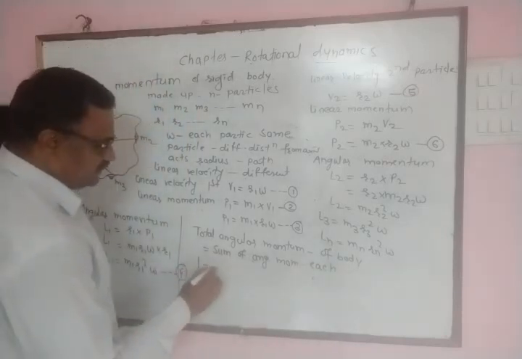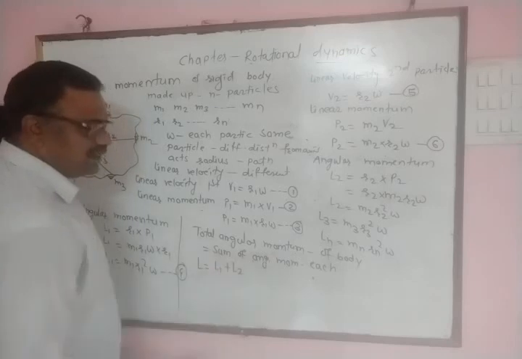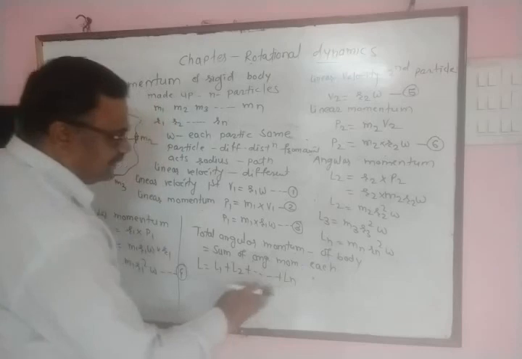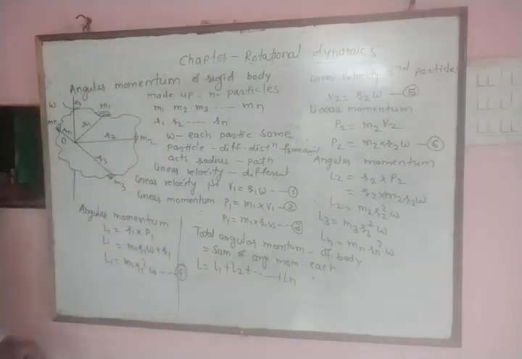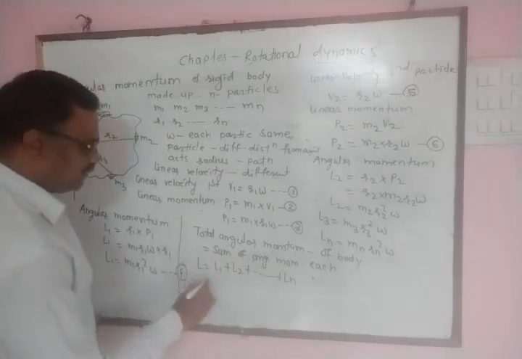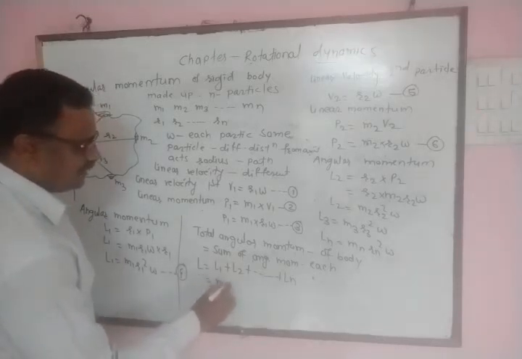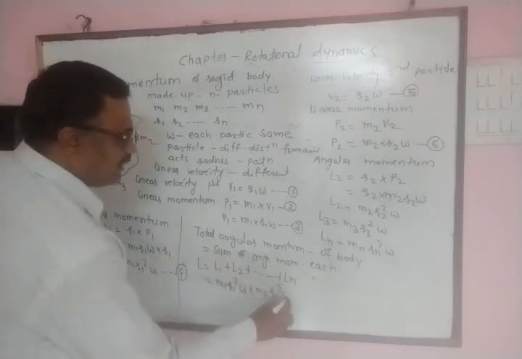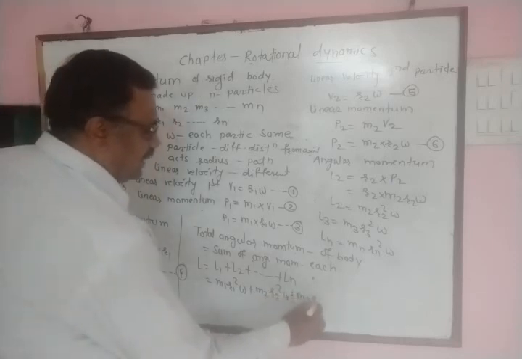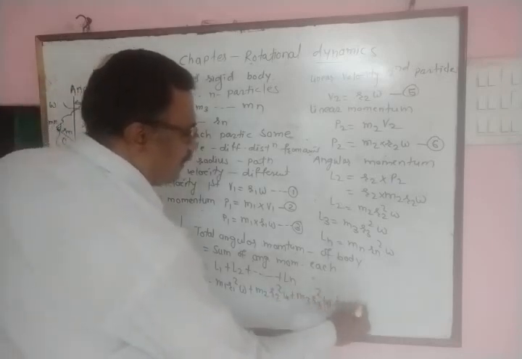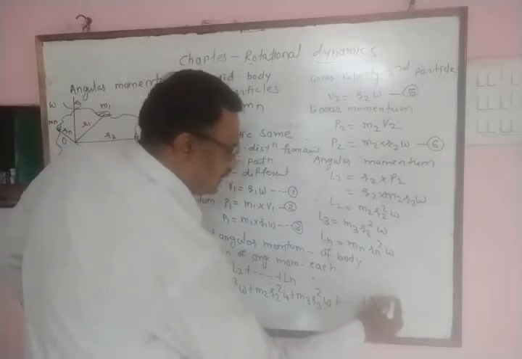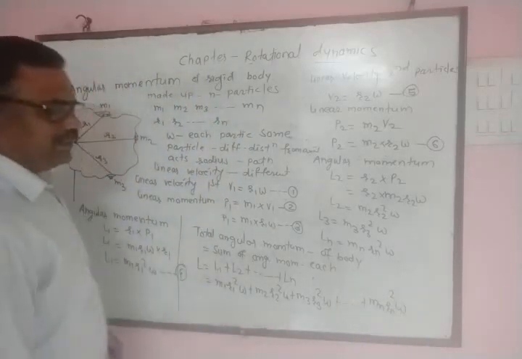That is, the angular momentum of the first particle plus that of the second particle, and so on up to the angular momentum of the n-th particle, represents the total angular momentum of the rigid body. Therefore M1 R1 square omega plus M2 R2 square omega plus M3 R3 square omega and so on represents the angular momentum of the rigid body.